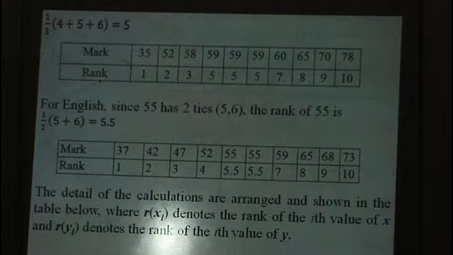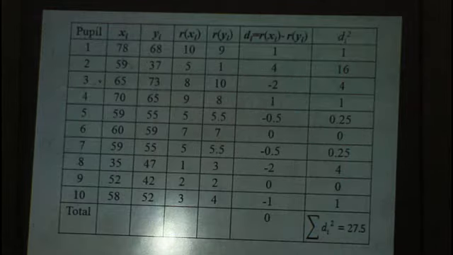Now the detail of this whole calculation is as shown in the table below. You can see that by rank, we now take the reverse, so that the highest one comes first on the table, for the marks obtained in mathematics, that's x_i. So we start from 78 down to 58.